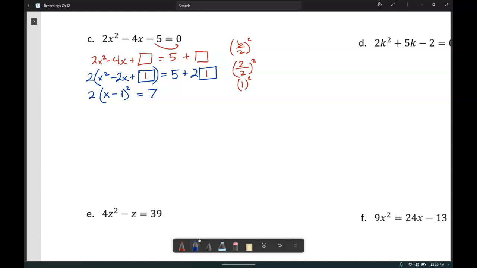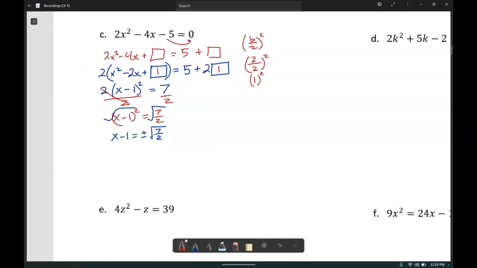Now we've completed the square. We can go ahead and use our square root property to solve. But this time we want to make sure we divide by 2 first. x minus 1 squared equals 7 over 2. Square root both sides. x minus 1 equals positive and negative square root of 7 over 2.